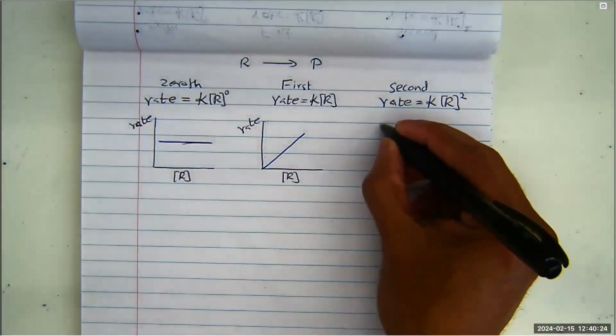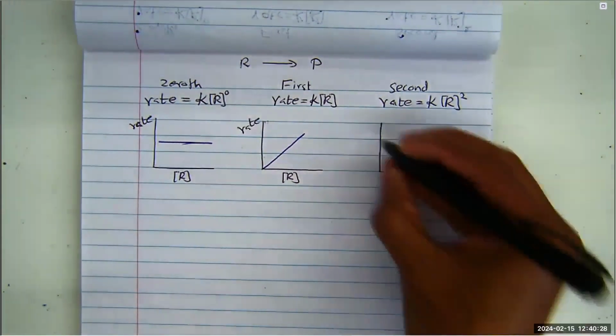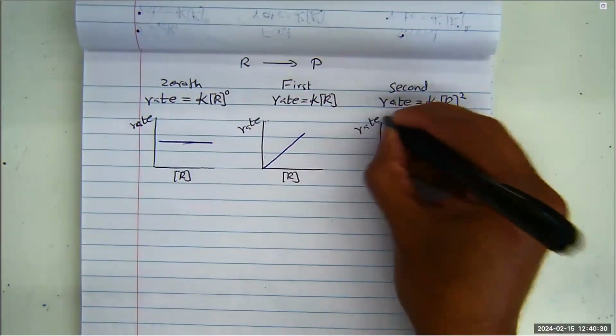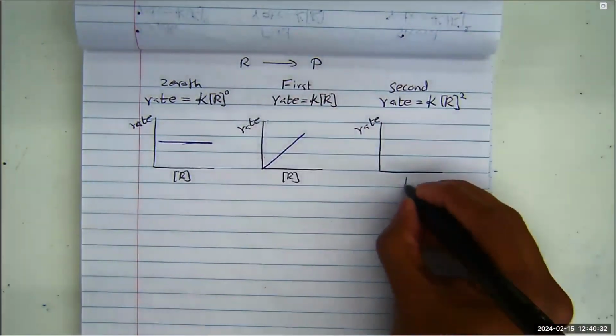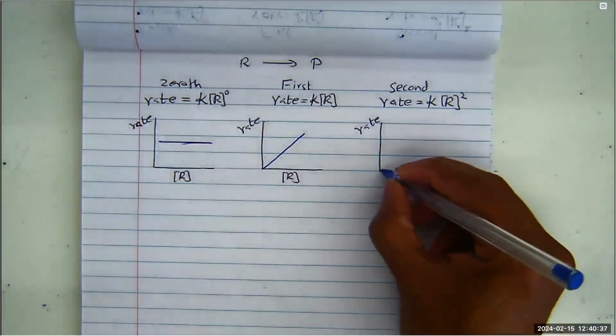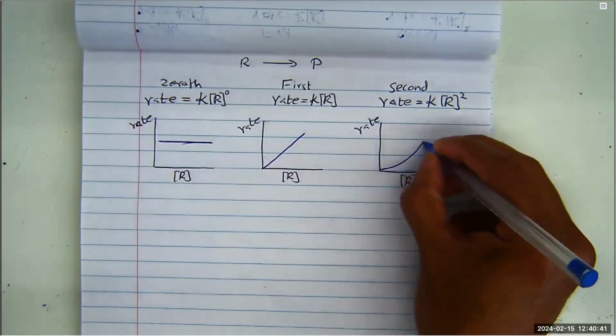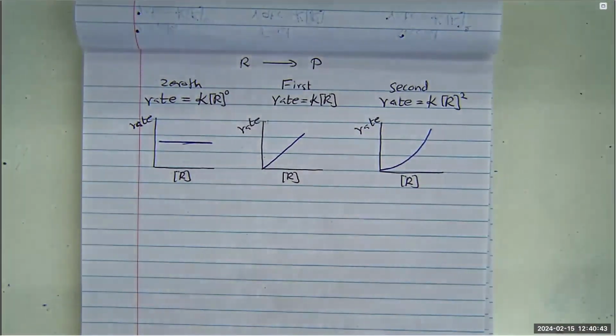And then for second order reactions, the rate is highly dependent on the reactant concentration. When you increase the reactant concentration, the rate is going to increase a lot, an exponential kind of relationship here. So these are the rate versus reactant concentration graphs.